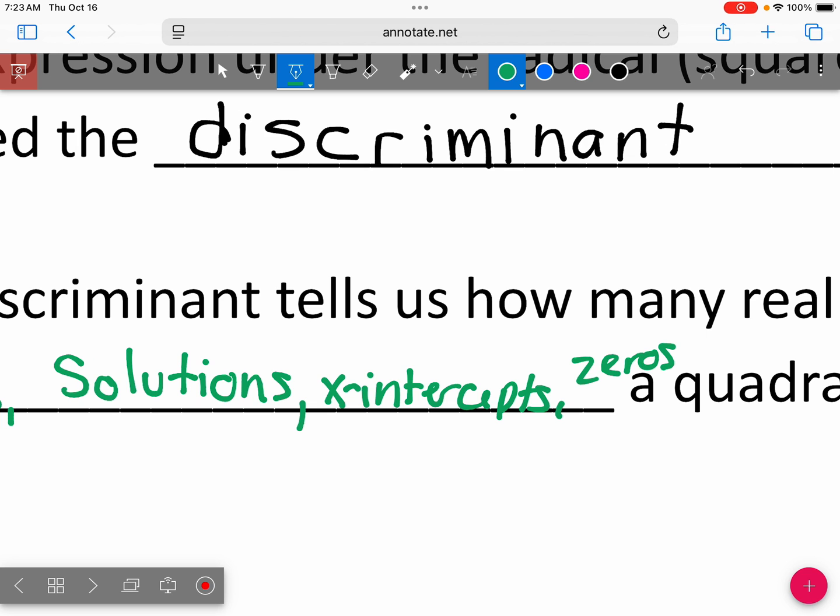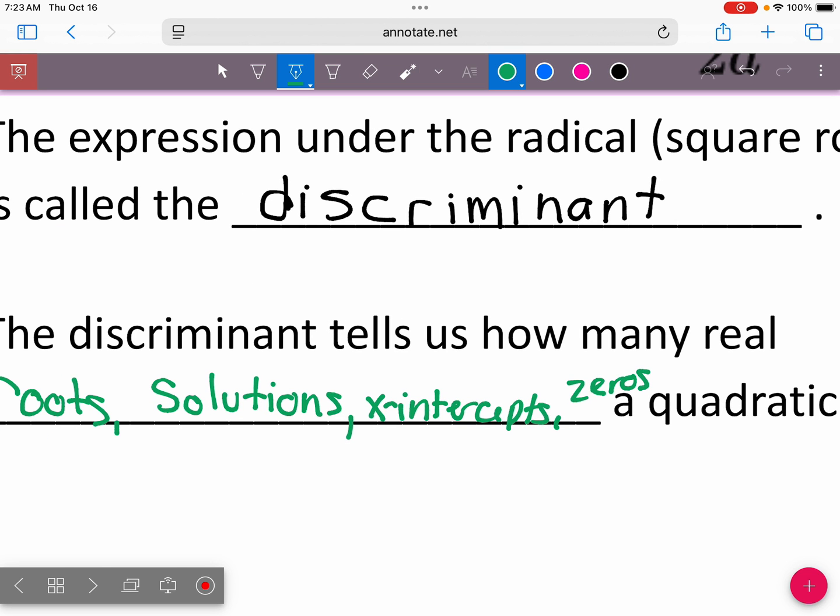You don't have to put all 4, but they all mean the same thing, and they gave us a big enough line anyway. It tells us how many real roots, how many solutions, how many zeros, how many x-intercepts. So what we're going to do is use, from our equation, our A, B, and C. That's where we get our A, B, and C from, is from our equation.